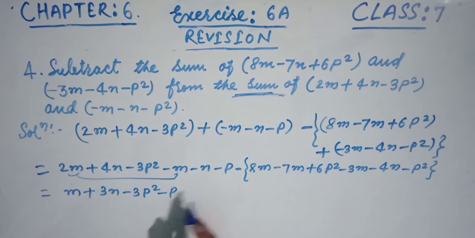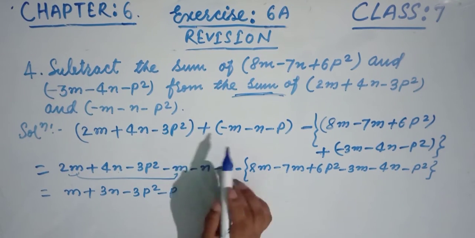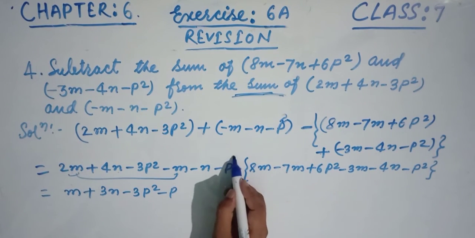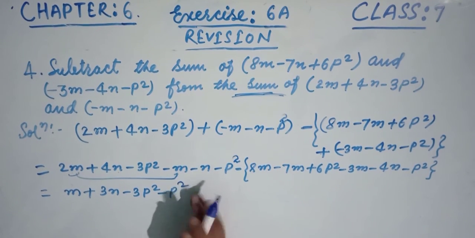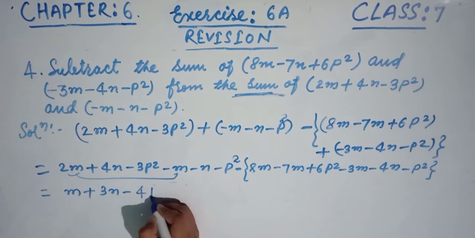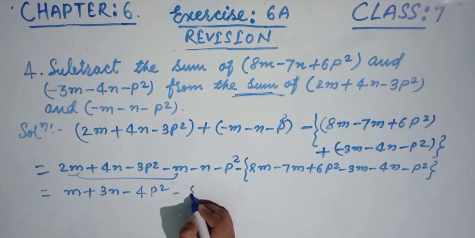Just a minute, sorry, this is the p square and it should be p square. This is also p square. So see friends, minus 3p square and minus p square, minus 4p square. Okay, now please take care friends, whatever the question is given, please write down the question very properly, otherwise the answer will be wrong.